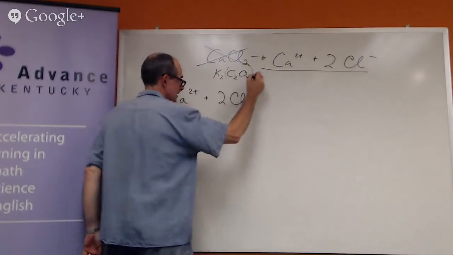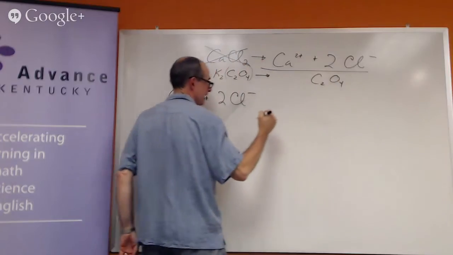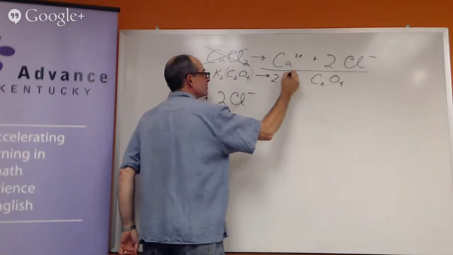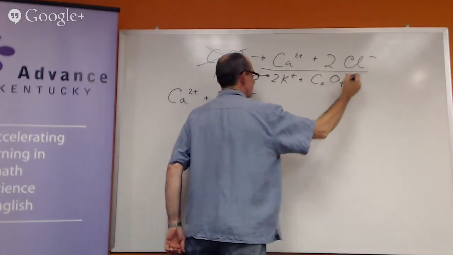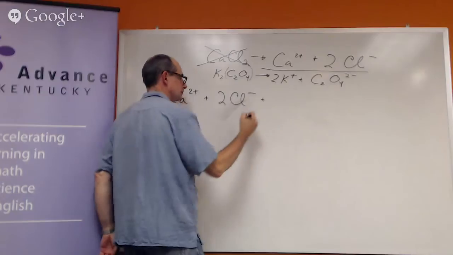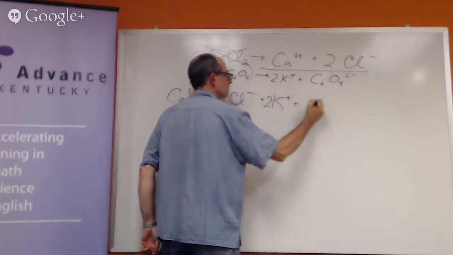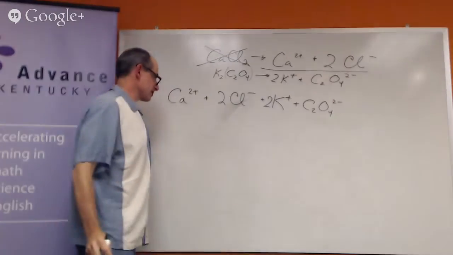So it would be C2O4. And the charge on this, well, you know, potassium ions have a charge of +1, so the oxalate ion must have a charge of -2. And I will go ahead and write all of these species.